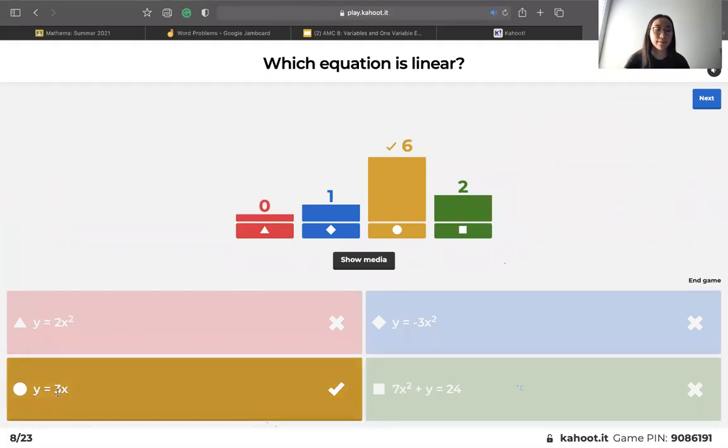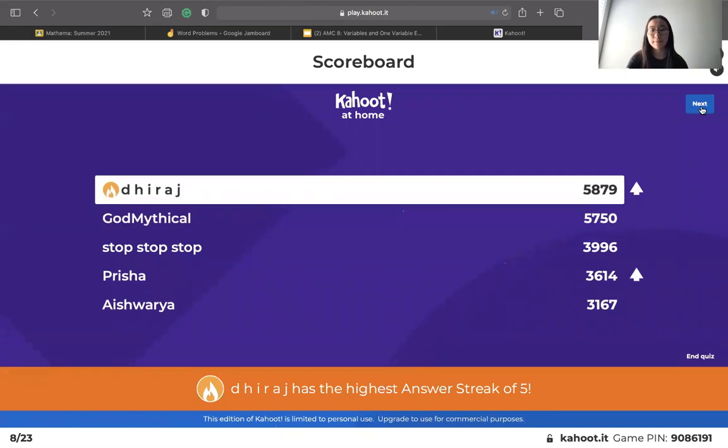And good job. That one is the only one where the exponent is just to the power of 1. The other ones all have an exponent raised to the power of 2. So that wouldn't be linear, like I was talking about before. So we're going to do one more problem, and then we'll stop here.